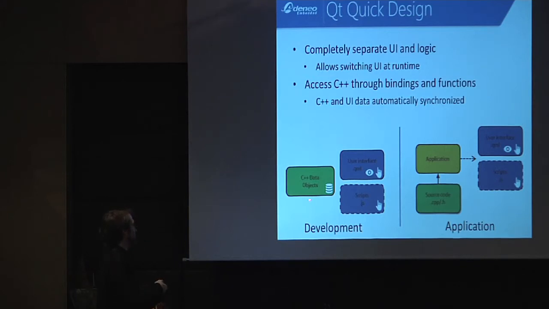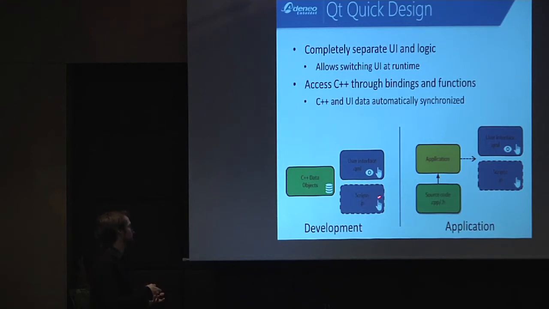The result is that you have your C++ data and low-level logic on the C++ side. You have your QML and JavaScript files, which contain the behavior and the look of your application, in your QML file and not at all in your C++.